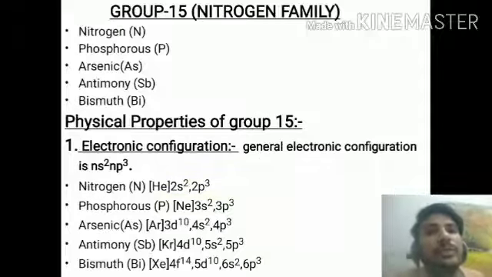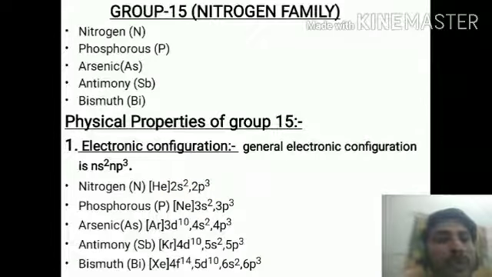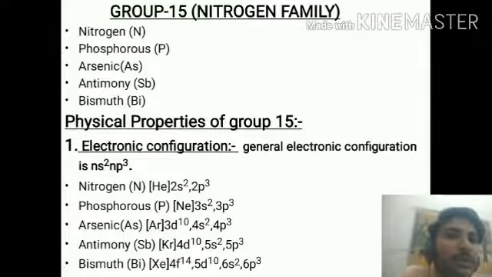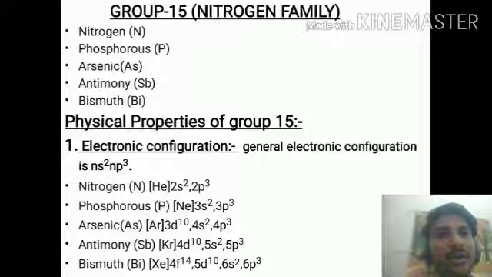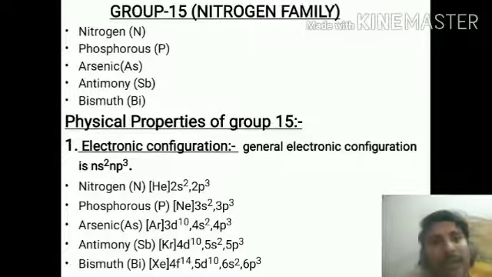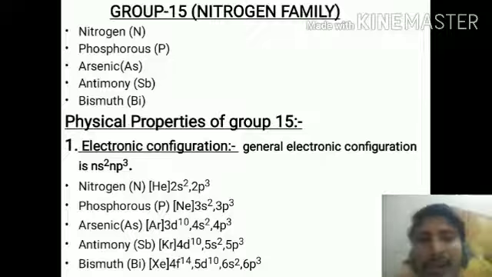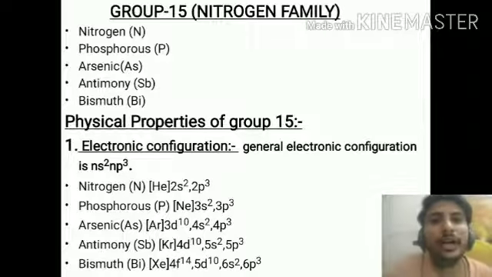Now write the electronic configuration of nitrogen, phosphorus, arsenic, antimony, bismuth. The atomic number of nitrogen is 7. Then add 8, the atomic number of phosphorus is 15. Then add 18, then 18, then 32. You can find the atomic numbers.